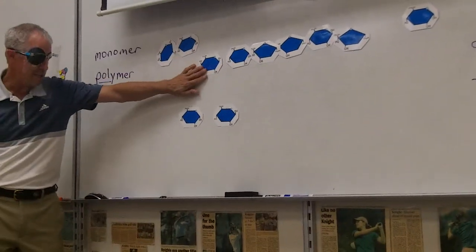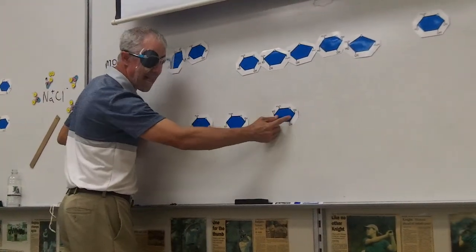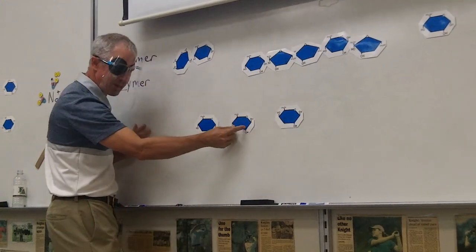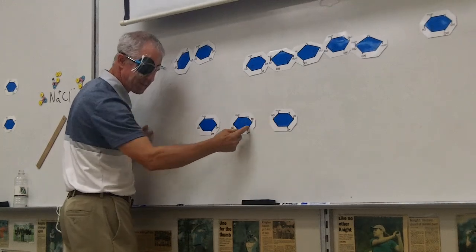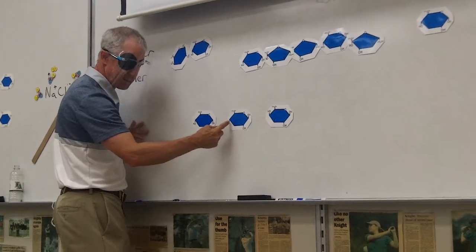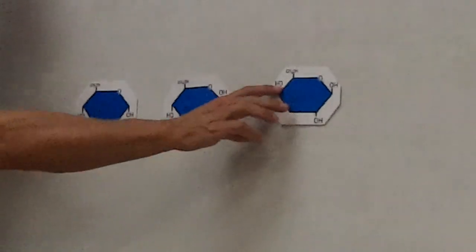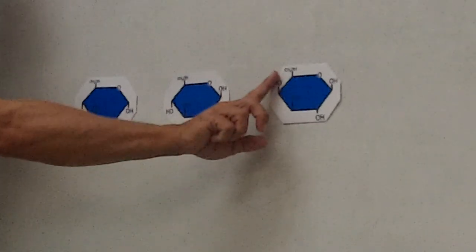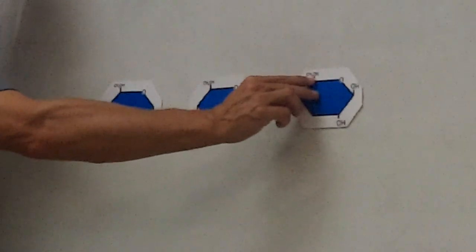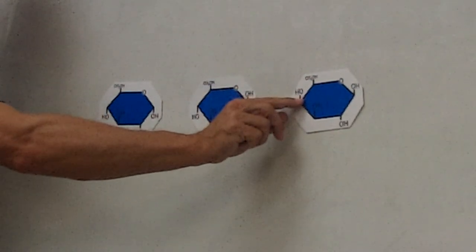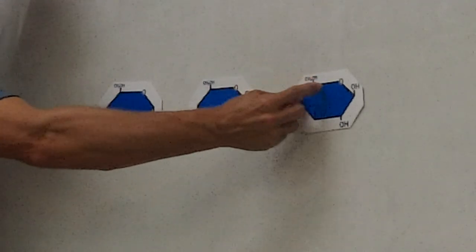Now, this molecule right here is called galactose. There's glucose. There's galactose. Can you tell the difference between the two? There's one difference. This OH group, or HO group, it's a hydroxide group, is sticking up in the same direction as the CH2OH group. Might be hard to see from where you're sitting, but if the OH is sticking up in the same direction as that, it's galactose.